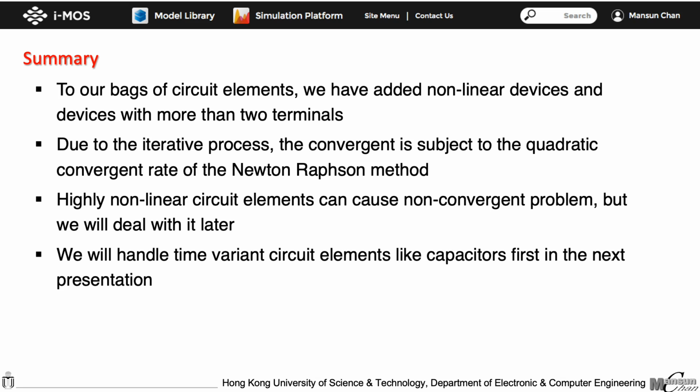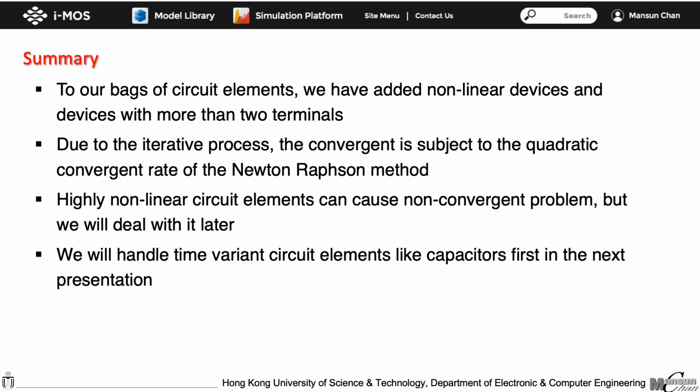As a summary, we have added nonlinear devices with more than two terminals to our collection of elements for circuit construction. Unlike linear circuits, nonlinear circuits require iterations to solve for the solution, and it may result in non-convergence problems.